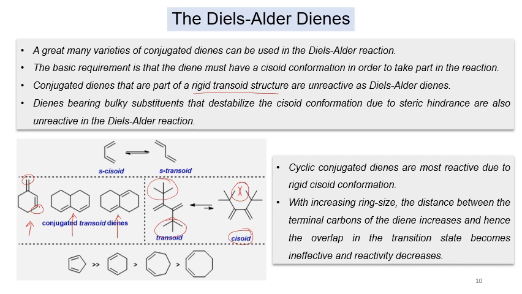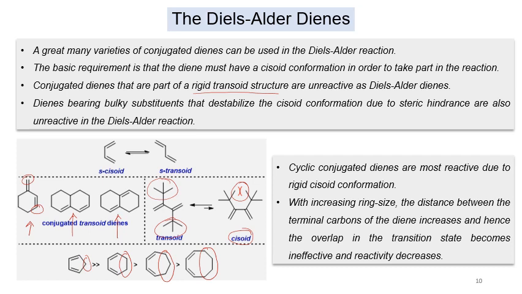Compared to acyclic dienes, cyclic conjugated dienes are very reactive because the two ends are held together by a tether. However, as you go to higher and higher spacers, the reactivity of the diene starts to fall.